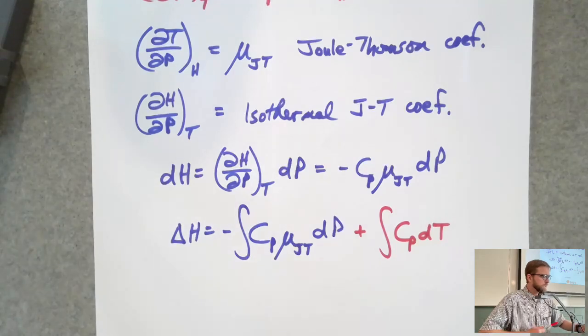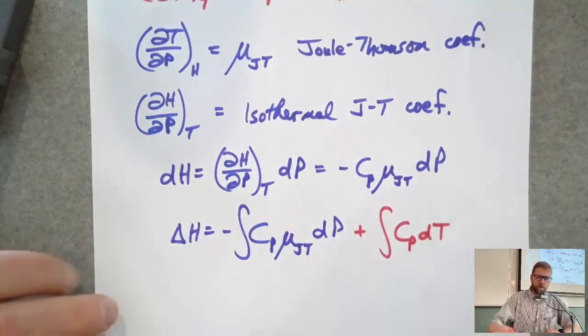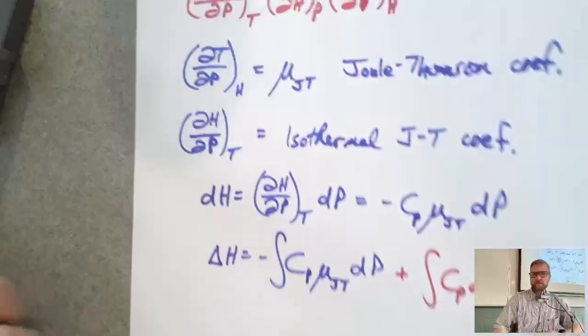I want to work an example problem using partial derivatives, just to show you how this stuff works. But you've got a heat capacity or Joule-Thomson coefficient question in your homework, so you need to take a look at that so you can see if you've got questions about it.